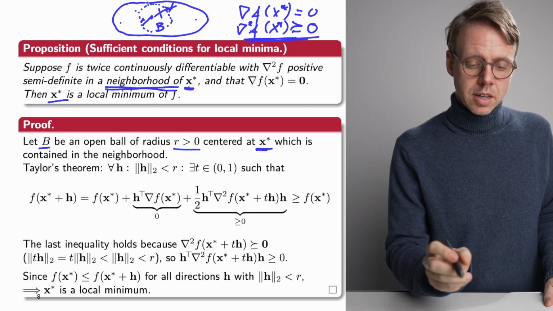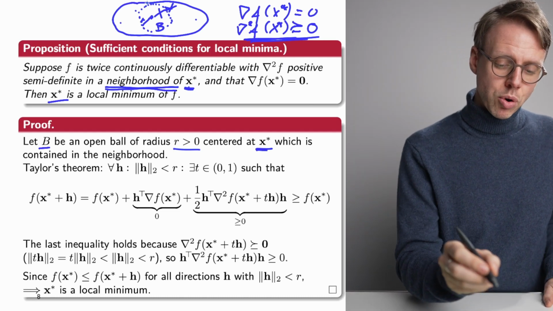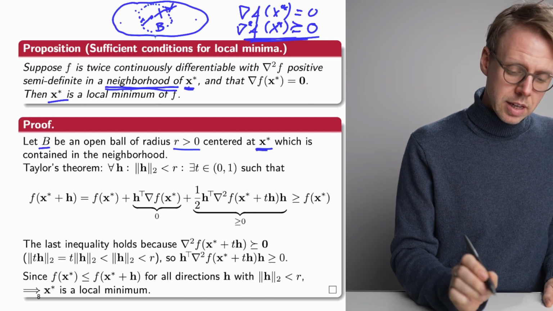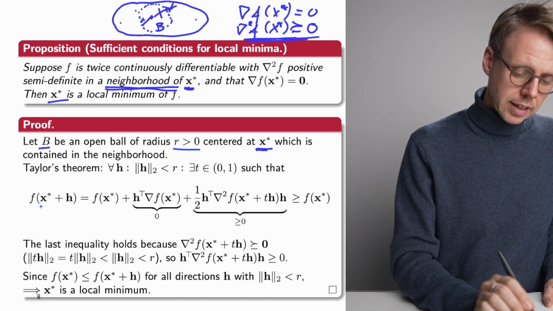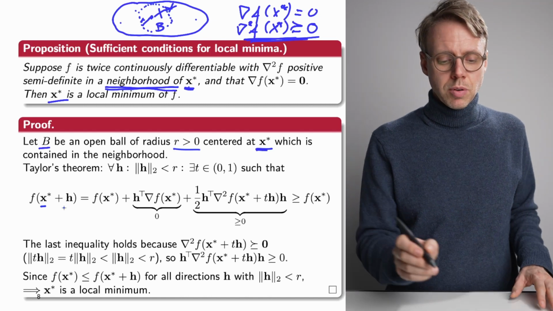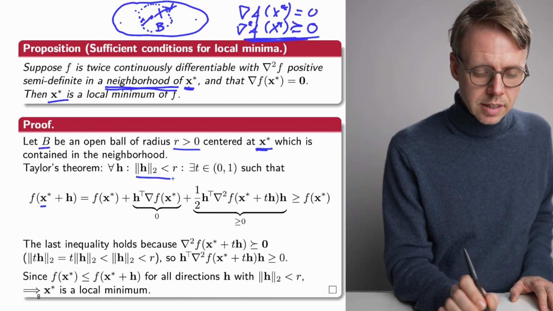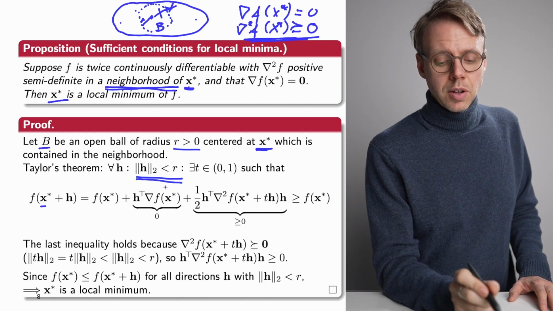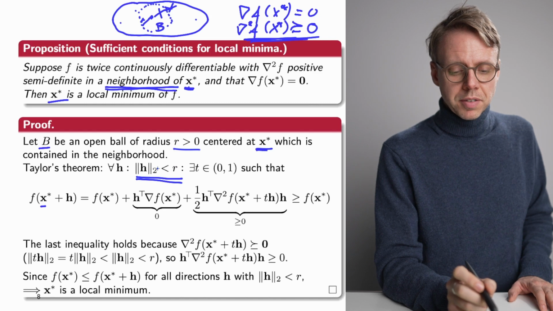So we can now write any point within this ball as the sum of x star plus the displacement vector h, where the displacement vector has a norm smaller than r.